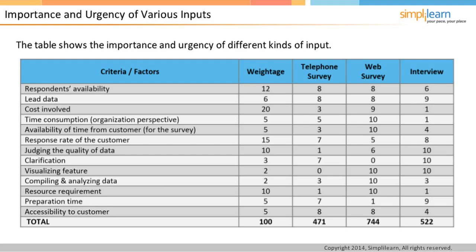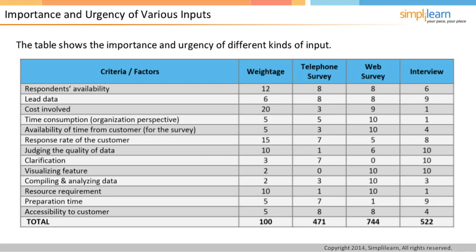That is, for telephone survey, the rating is multiplied with factors rating. 8 multiplied by 12 plus 8 multiplied by 6 plus 3 multiplied by 20 plus 5 multiplied by 5 plus 3 multiplied by 5 plus 7 multiplied by 15 plus 1 multiplied by 10 plus 7 multiplied by 3 plus 0 multiplied by 2 plus 3 multiplied by 2 plus 1 multiplied by 10 plus 7 multiplied by 5 plus 8 multiplied by 5. And the total of this is 471.